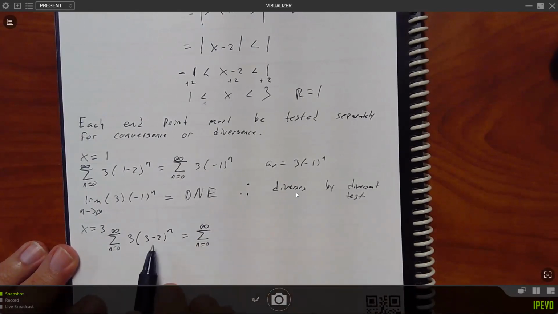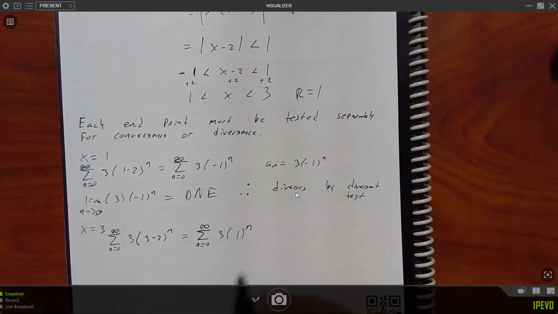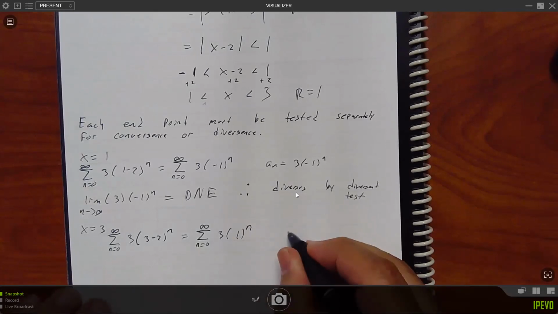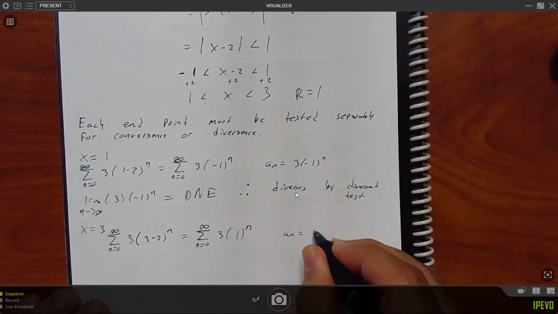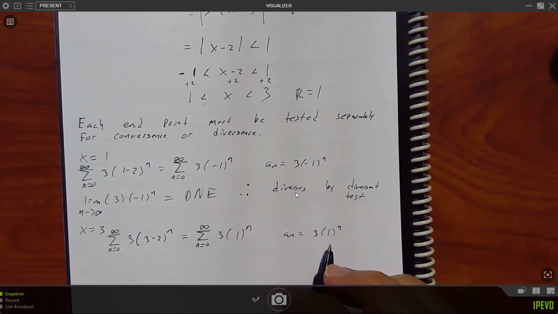So 3 minus 2, so let x be 3. I'm going to get 1 to the n, right? What's that limit going to be? And we said that if the limit is not zero, what happens for the divergent test?